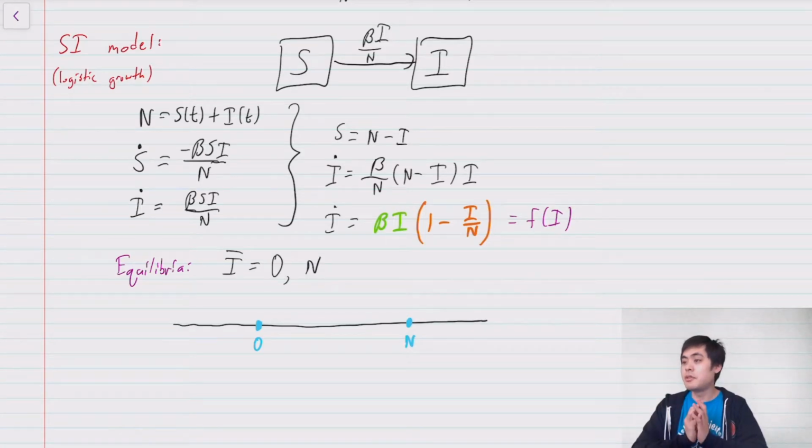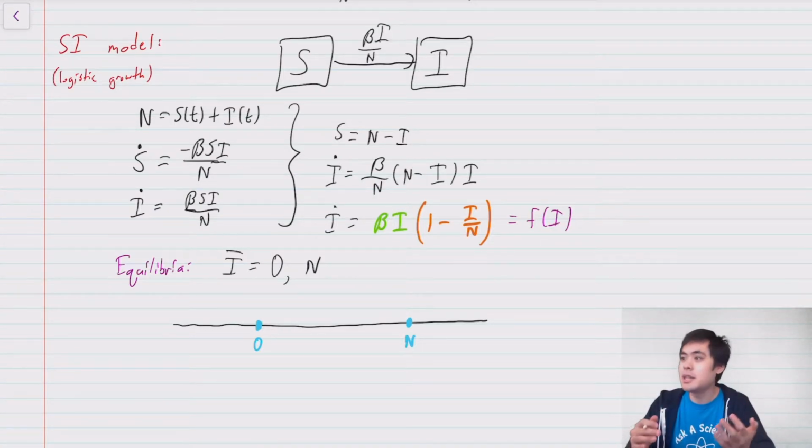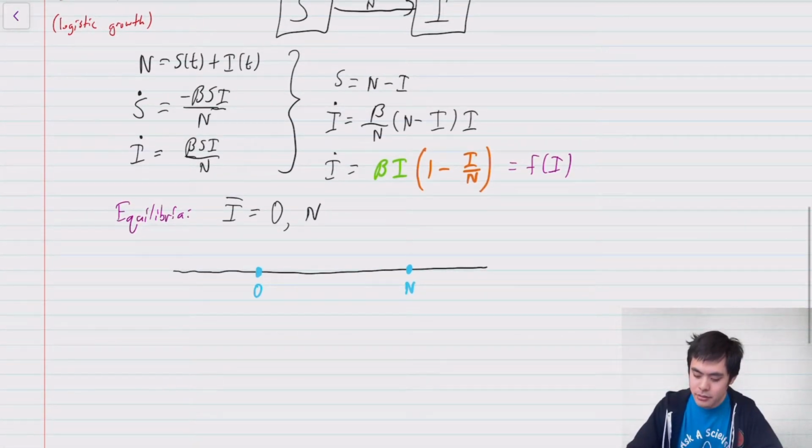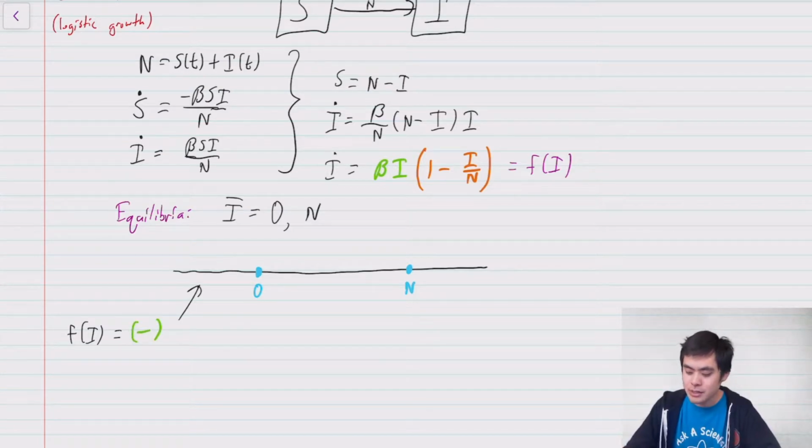You could use the first derivative test to see if they're locally asymptotically stable, but because this is a 1D system, we can use a phase line and actually get global asymptotic stability by just looking at the directions of the arrows on this phase line. So in this region down here, we know that f of I is a negative number, because here, this is the I axis.